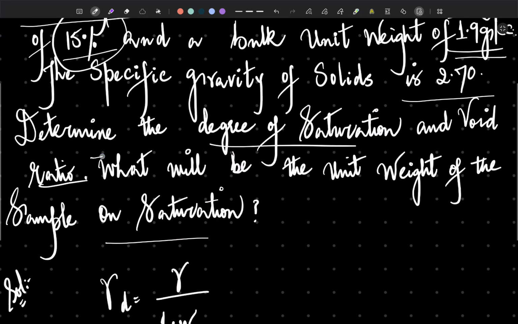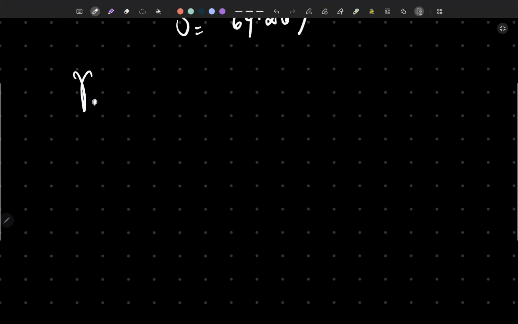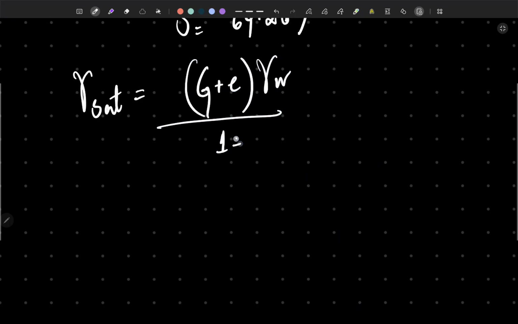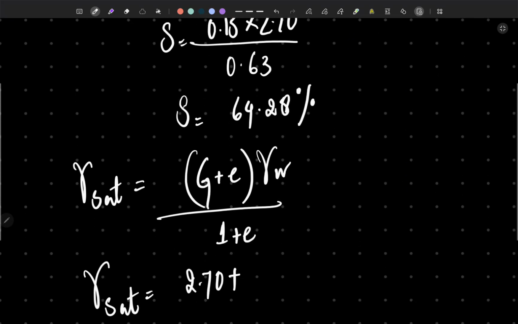Now the second part of the question says, what will be the unit weight of the sample on saturation? That means we have to find the saturated unit weight. The unit weight of the sample on saturation is the saturated unit weight, which is given by the generalized equation, G plus e over 1 plus e, times the density of water. G is 2.70. The void ratio we found was 0.63.